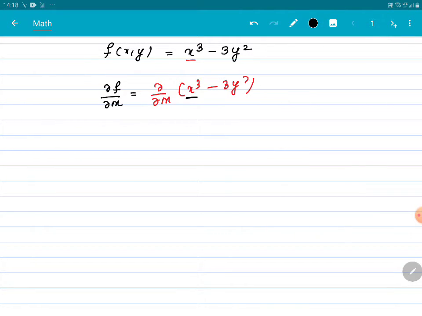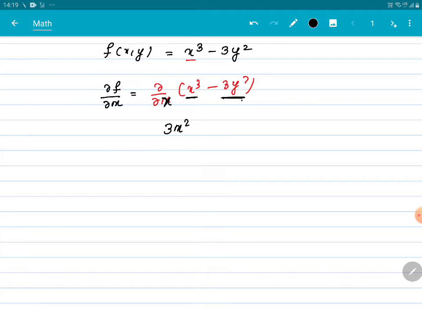The derivative of x cube is 3x square. What is the derivative of y square? With respect to x it is not varied, so it will be 0. Here y is a constant with respect to x. If I take x here, y will be constant, because with respect to x, y will not vary.